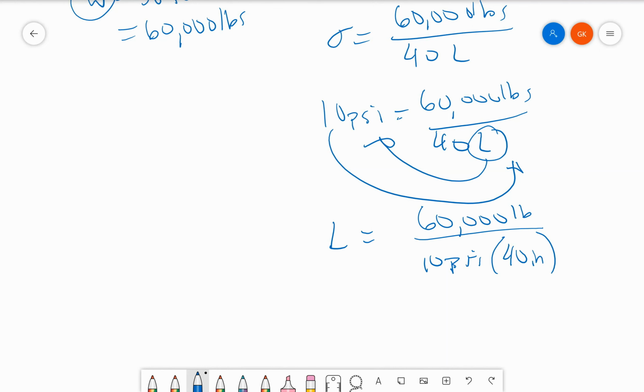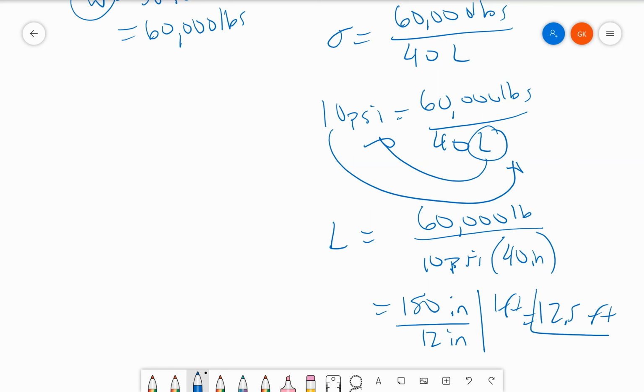And with that, I should get 150 inches, or if I divide that by 12 inches per foot, I'll get roughly 12.5 feet. 12.5 feet long to make sure the bearing stress is not above 10 psi.